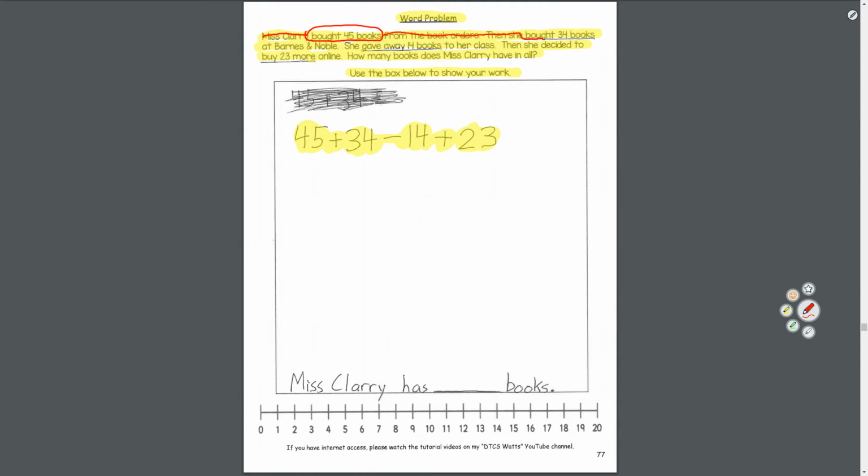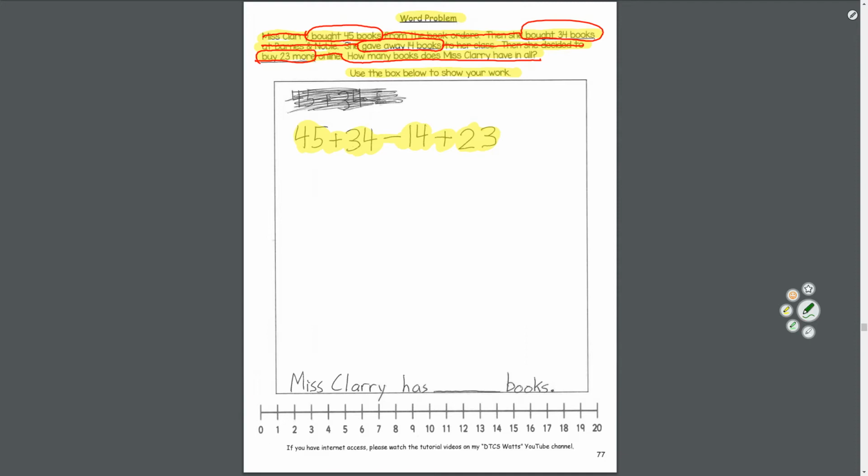Then she bought 34, so she's buying them. She's getting new ones. At Barnes & Noble, you don't need to know that. She gave away 14 books. So she's losing some to her class. Then she decided to buy 23 more online. How many books does Miss Clary have in all?